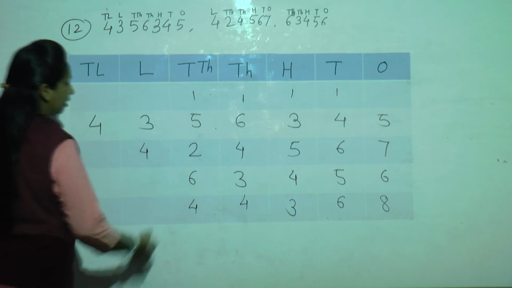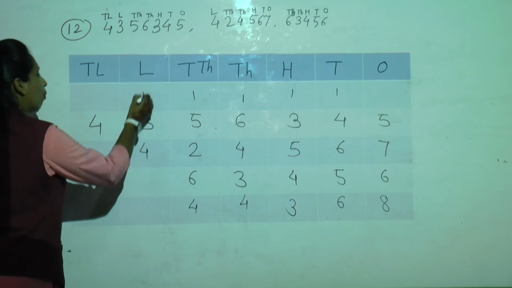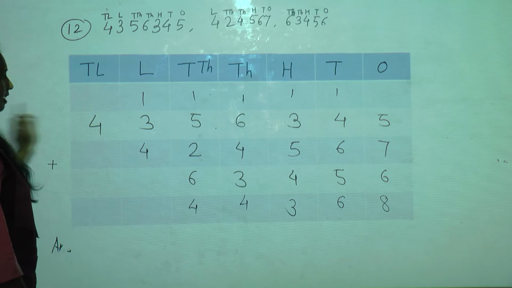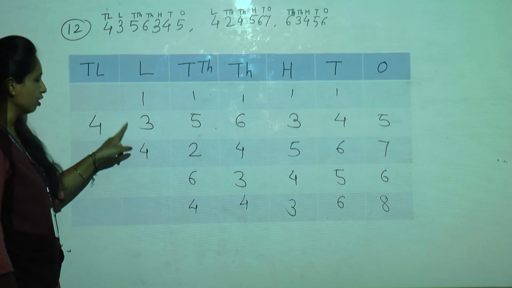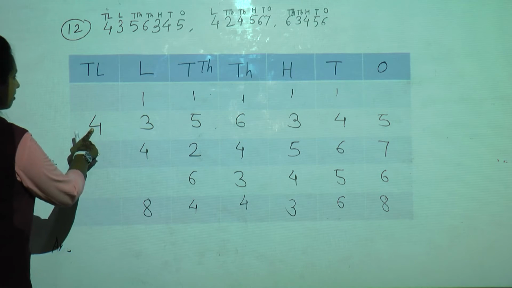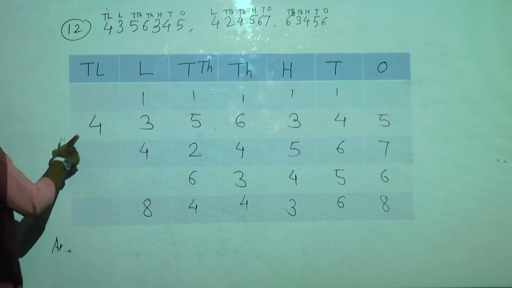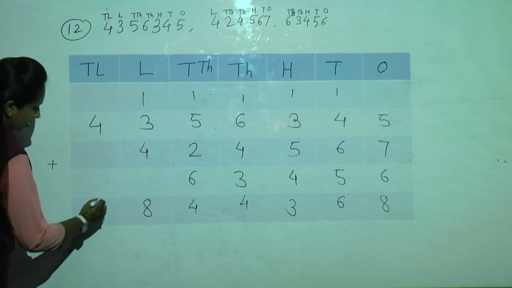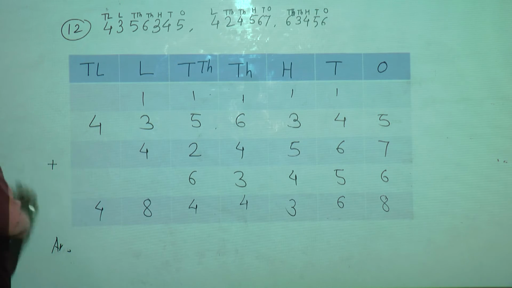Write 4 on the ten thousands place and 1 carry to the lakhs place. 1 plus 3 is 4. 4 plus 4 is 8. And the last, on the ten lakhs place, only 4 is given, so place the 4 as it is because nothing is there to add.